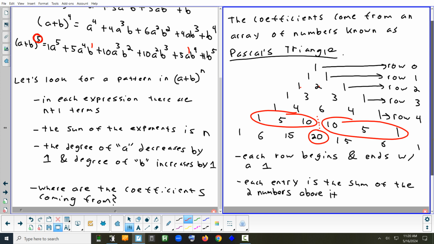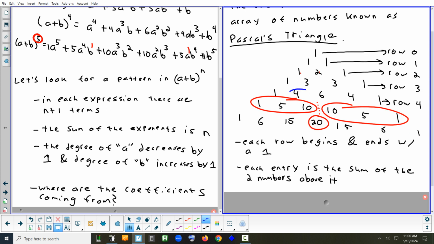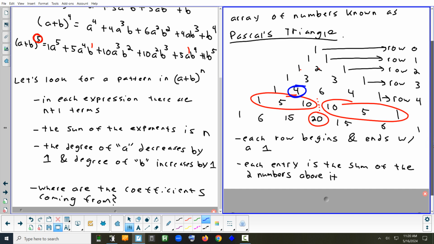So if I was looking at this number right here, I would say that is row 0, 1, 2, 3. That is row 4, column 0, column 1. That is row 4, column 1. Any question on the notation of how we describe a position in this triangle? Just make sure you start with 0 for rows and columns.